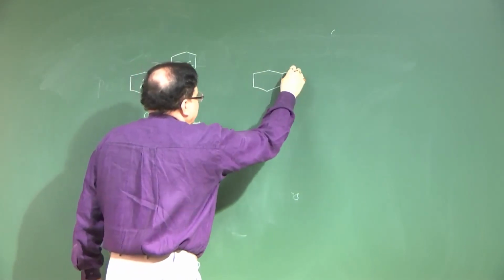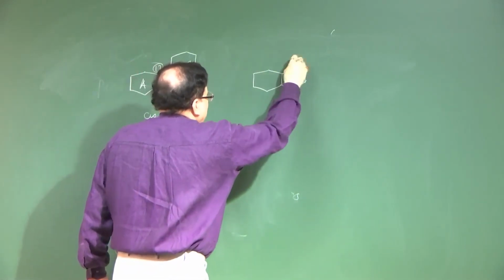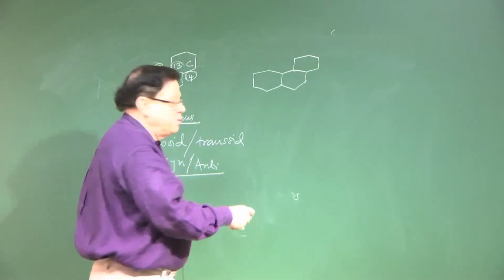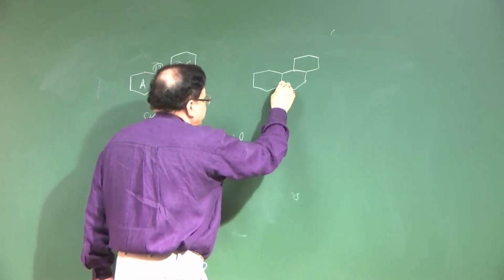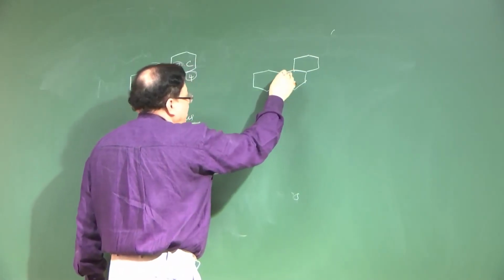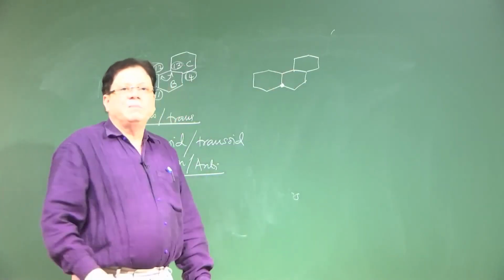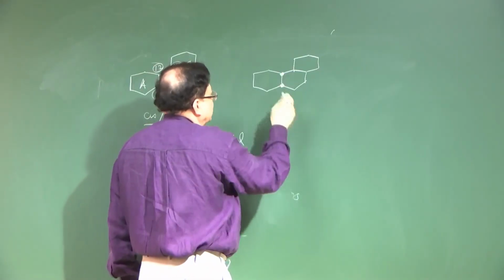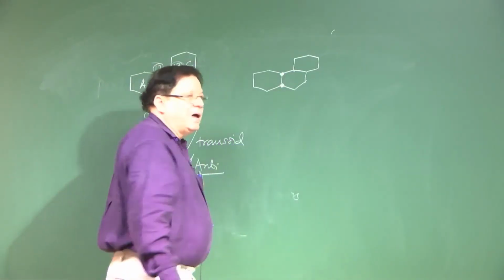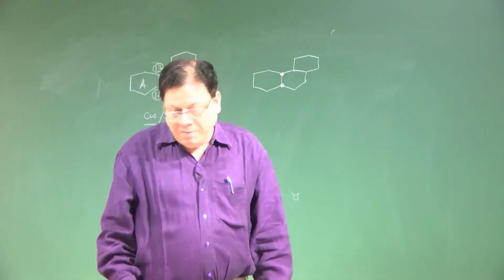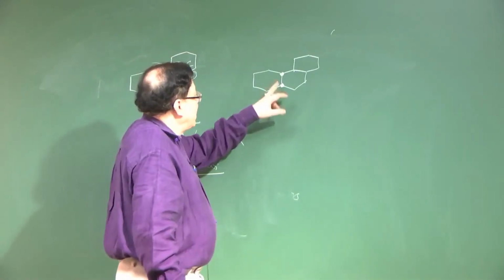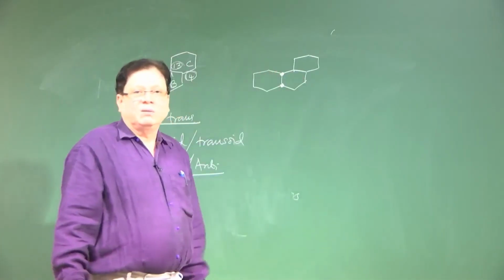I will give you some examples that will make it clear. Suppose I have this ring junction, and I make it cis, okay. And remember, I think I have already mentioned that the hydrogens are not shown in the structure, that is number one.